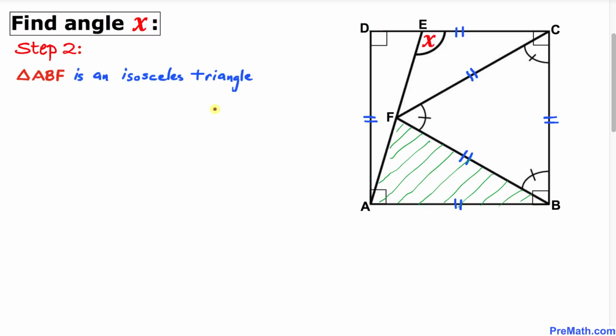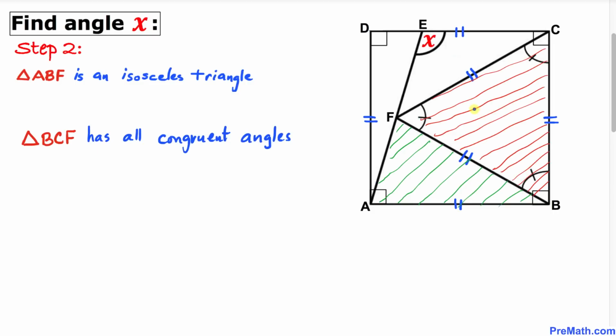And here's our next step. Let's focus on this triangle ABF, and we know this is an isosceles triangle since this side length is equal to this side length. And moreover, let's focus on this triangle BCF once again, and we know that all these angles in it are congruent.